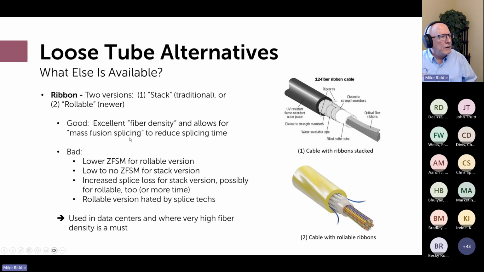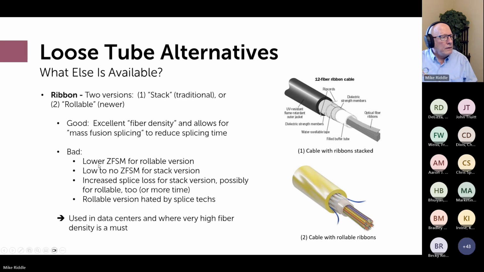So the general advantage of ribbon cable is that you get super high fiber density. And the ribbon construction allows for what's called mass fusion splicing. So instead of splicing fibers one at a time, you would splice an entire ribbon or 12 fibers at a time.